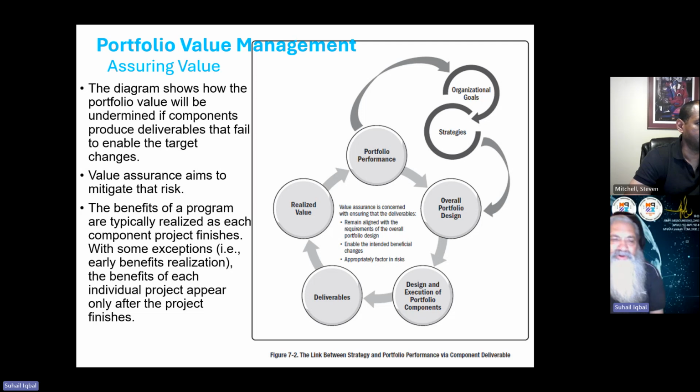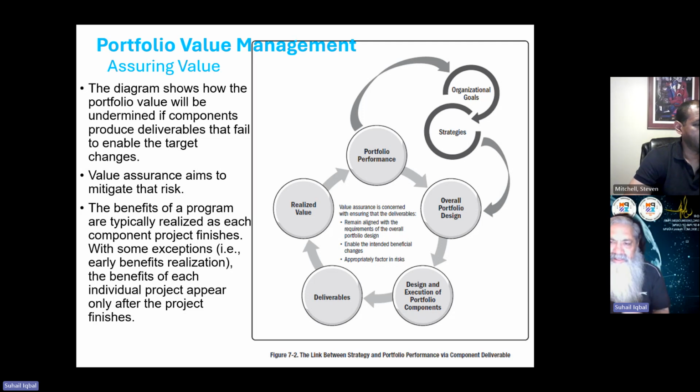Similarly, the benefits of a program are typically realized as each component project finishes, because a program is made up of projects. Projects are delivering deliverables. Those deliverables are then converted into benefits, and those benefits are consolidated together to form the program benefit, which satisfies the organizational strategy.